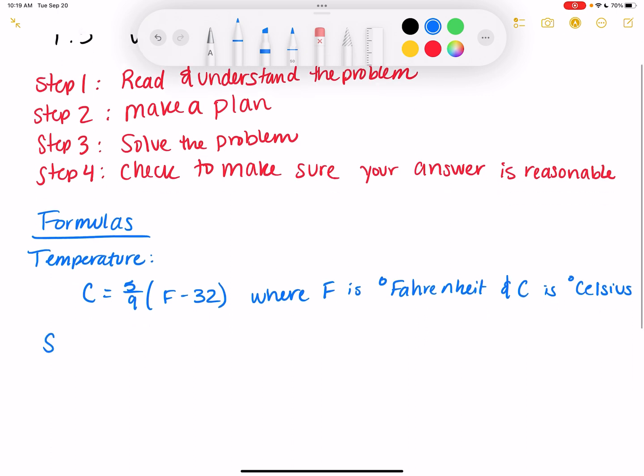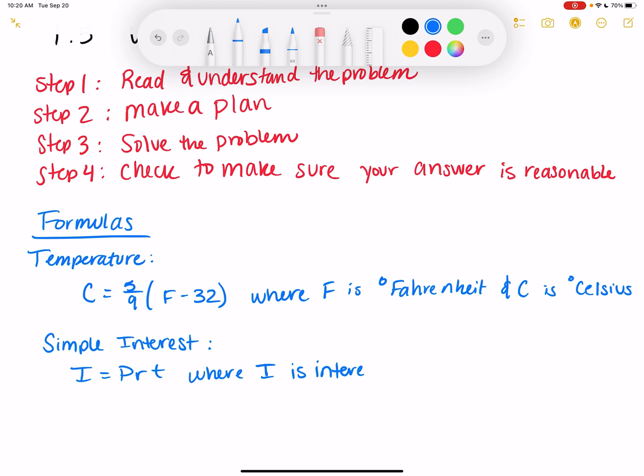Then we have simple interest. This one says I equals P times R times T, where I is interest, P is the principal, which is just the starting amount of money.